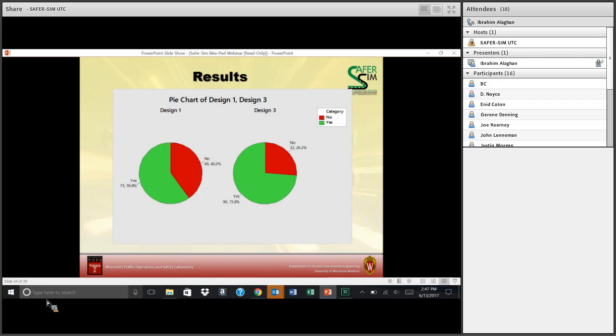In the question, we asked them the meaning of a sign. Then what we have done is we went through each of these answers and coded whether the driver fully comprehends the meaning of the sign.